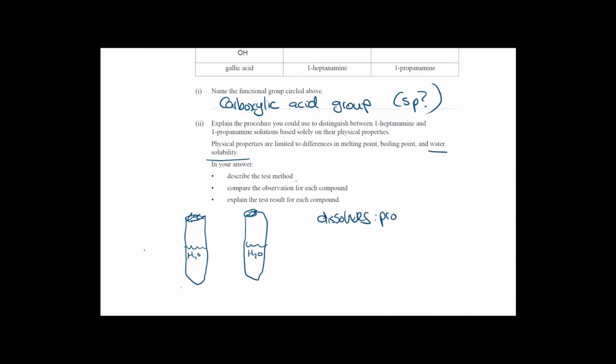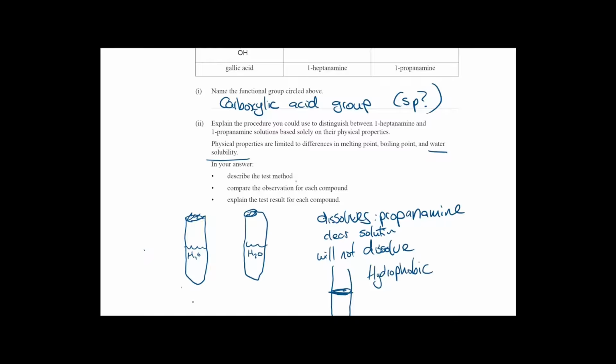The one that dissolves is going to be the propanamine, and that's going to become a clear solution as it dissolves, and the other one will not dissolve, and it will probably form a little layer at the top, almost like an oil slick. The reason is that it is hydrophobic.